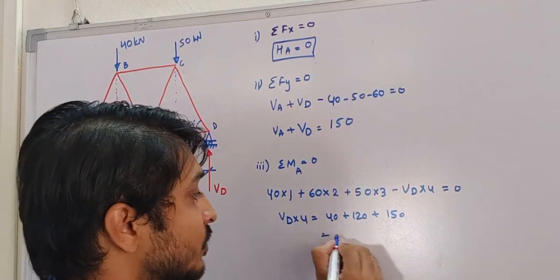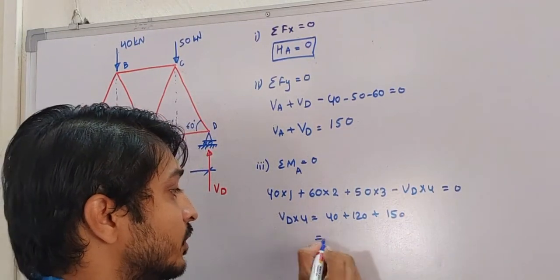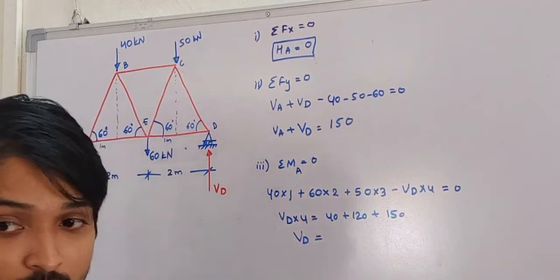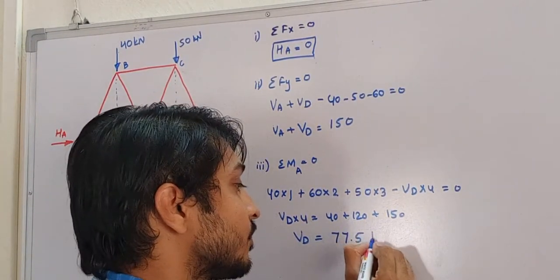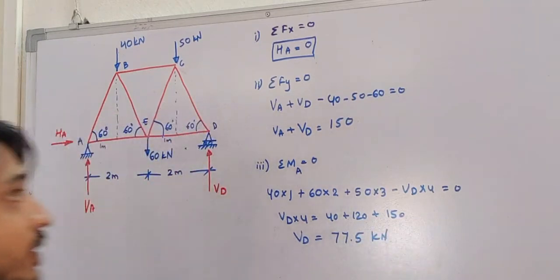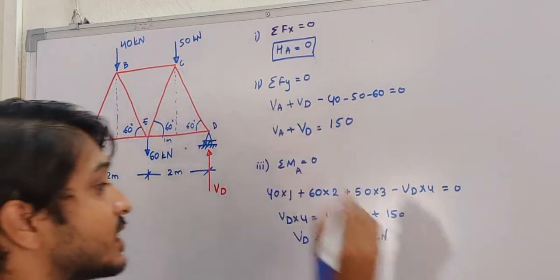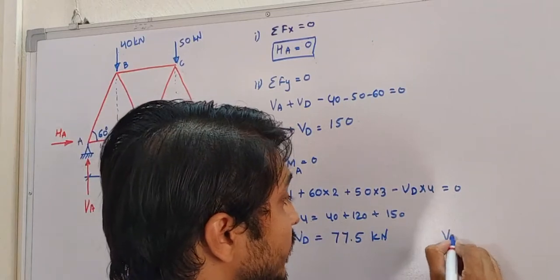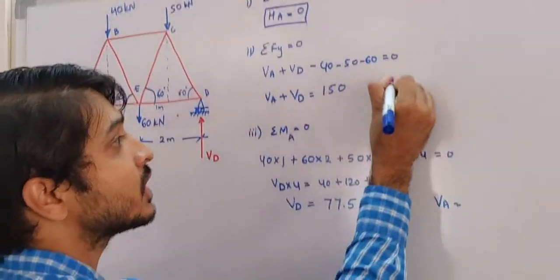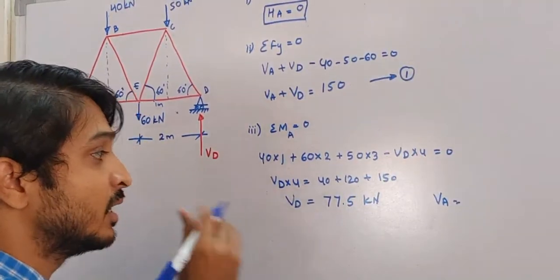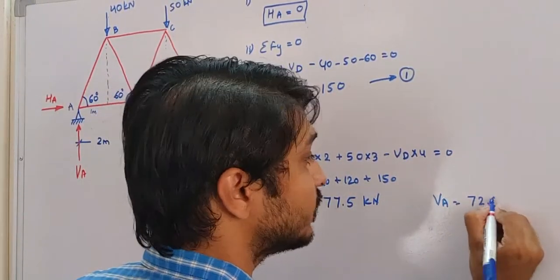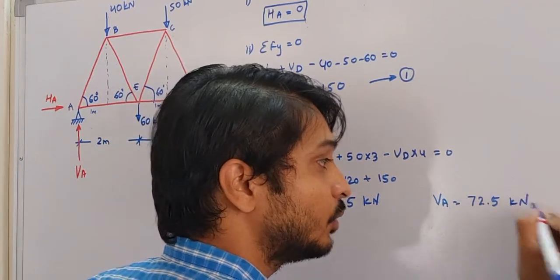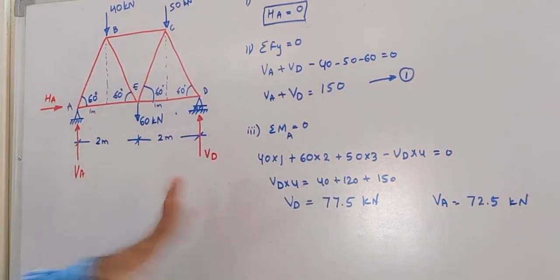So 310 divided by 4 gives VD equals 77.5 kilonewton. Substituting in equation 1, VA equals 72.5 kilonewton. So this is the first step, calculation of support reactions.